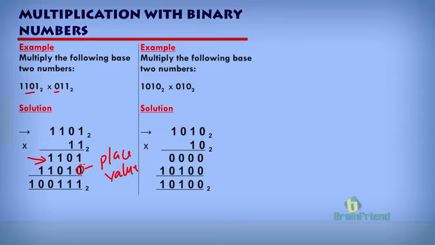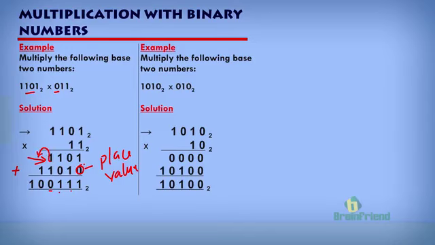Now we'll go ahead to add our 2 rows, 0 being our place value there, from binary addition that we already learnt about. 1 and 0 is 1. 0 and 1 is 1. 1 and 0 is 1. 1 and 1 is what? 0. So 1 plus 1 will give us 0, and we carry 1 over to the next significant bit.